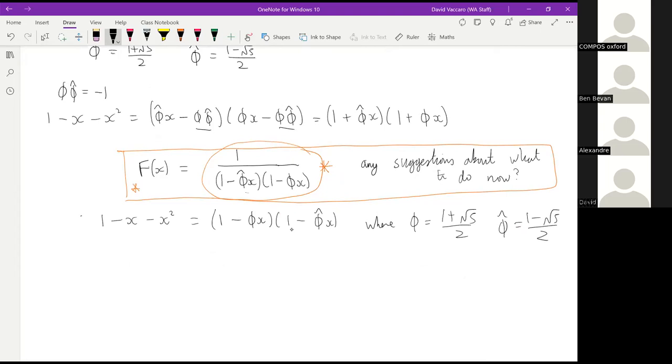So what sort of expression do you think I could write that would be equal to this fraction? In other words, how could I make a fraction with a denominator which was the product of these two things?